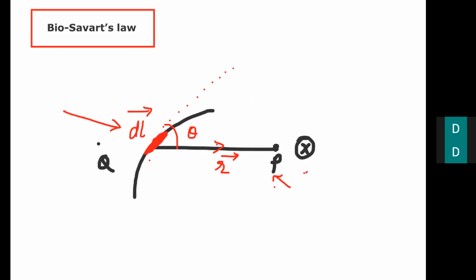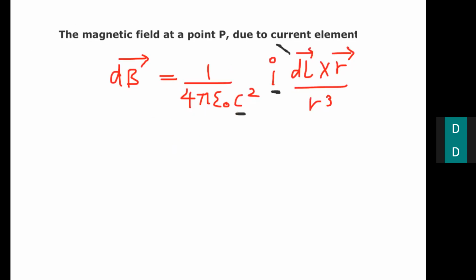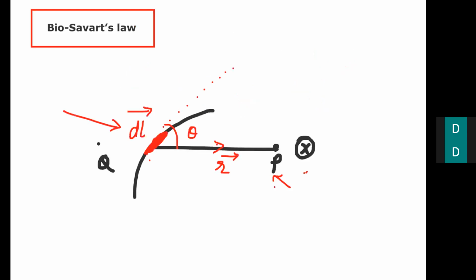That particular current element has a certain length, and then r is the vector. You can clearly see from the diagram here that r is the vector joining the current element and point P.